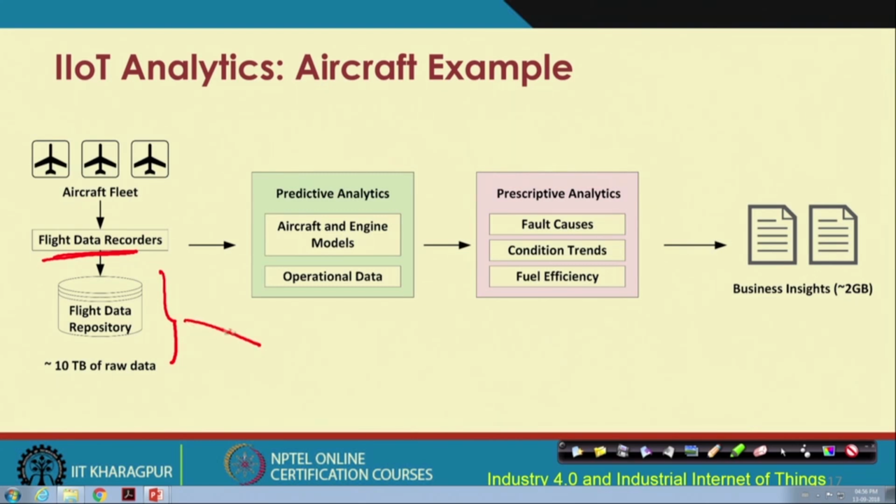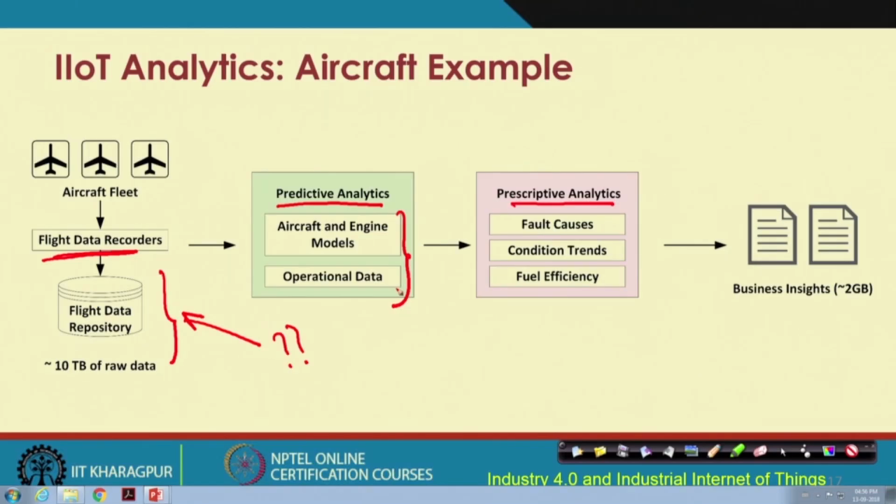So, this data will be useless if you do not derive intelligence out of this data. So, what is done? Different types of analytics like the predictive and prescriptive analytics. Predictive analytics deals with, based on the aircraft and engine models and the operational data, predicting what might be happening in the future, so that an emergency landing could be taken and a disaster could be avoided for a particular aircraft by the captain.